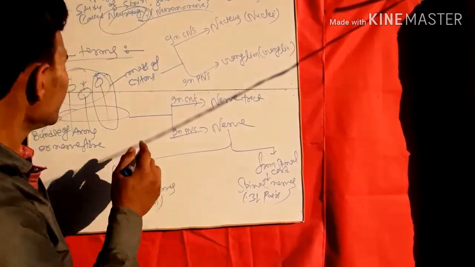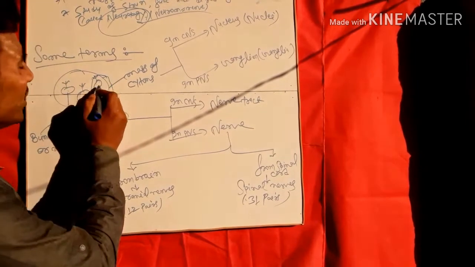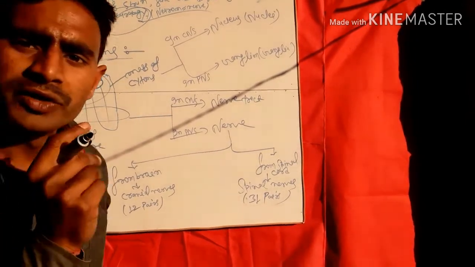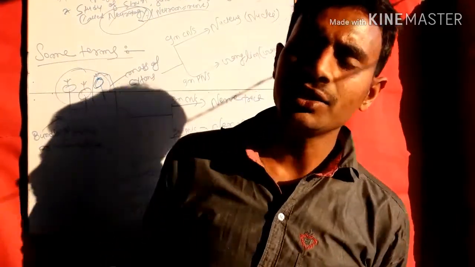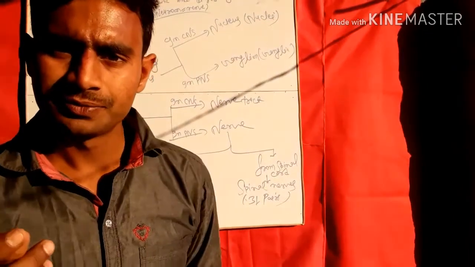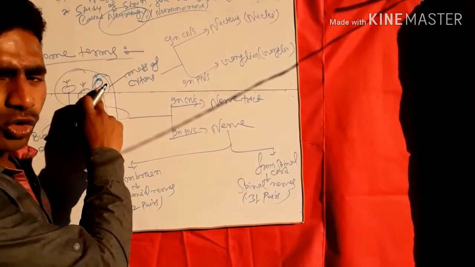Okay, and in the neuron, this part is called the axon part, and this part is called the cell body. That is also called cyton, also called soma. So this part is the cell body, also called cyton.